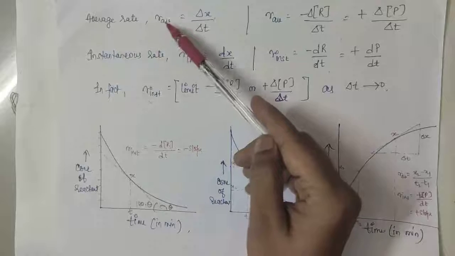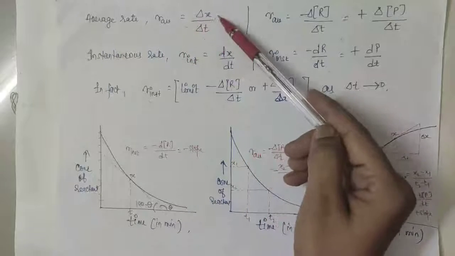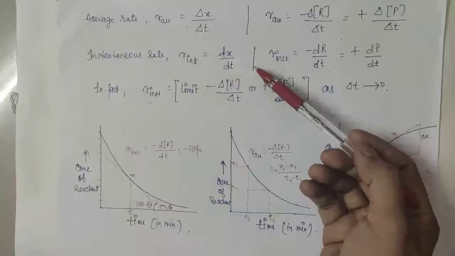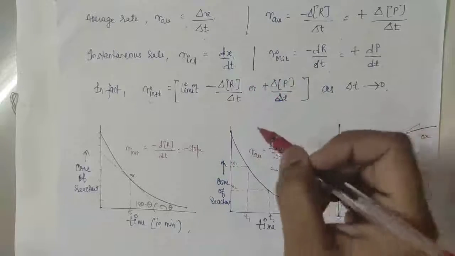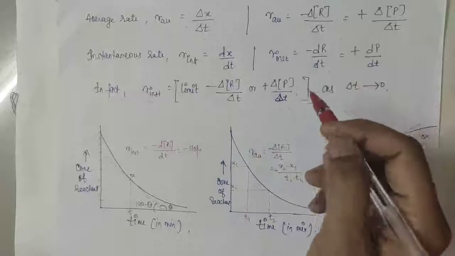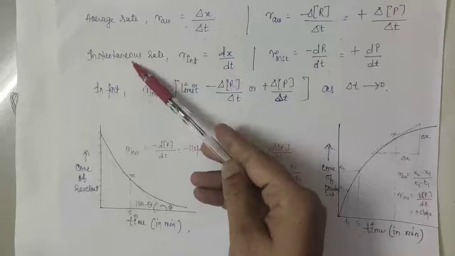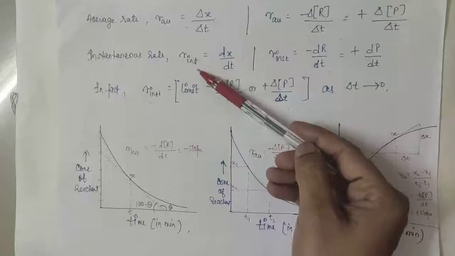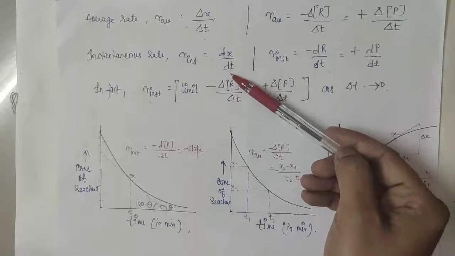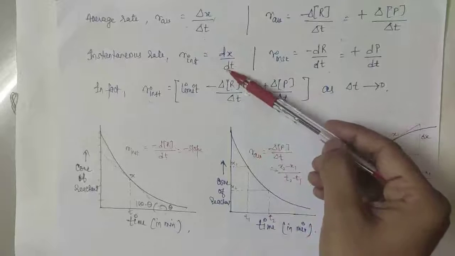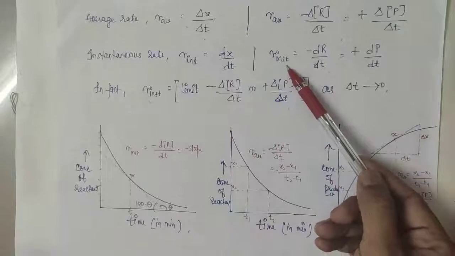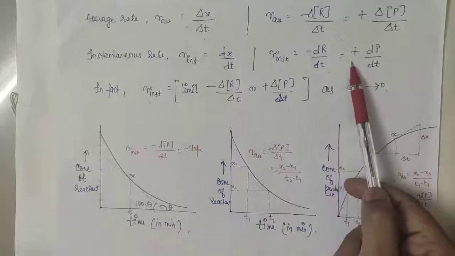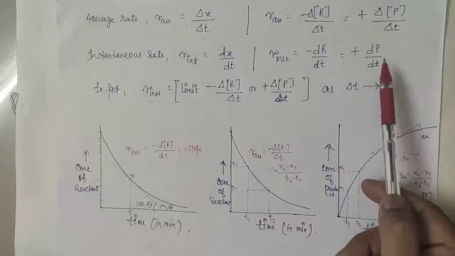In general, average rate will be equal to delta x upon delta t. Now, if we want to find the rate at a particular instant of time, at a particular moment of time, the rate is known as the instantaneous rate, and it is represented as R instantaneous is equal to dx by dt, d in place of delta. Similarly, R instantaneous is equal to minus dR by dt or equal to plus dP by dt.